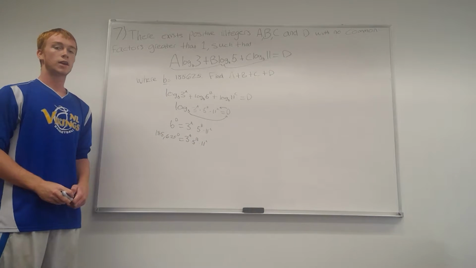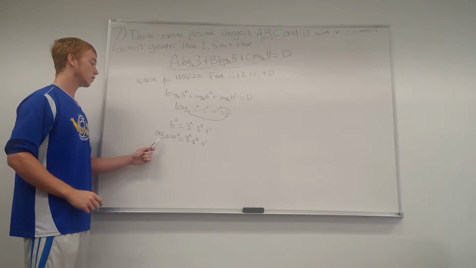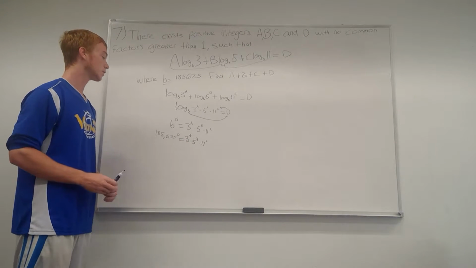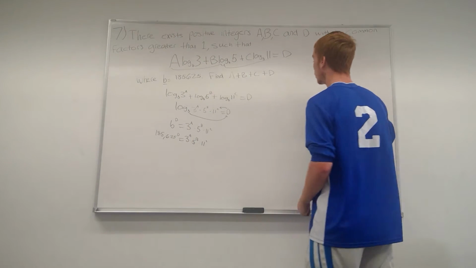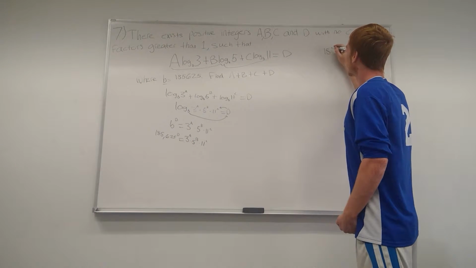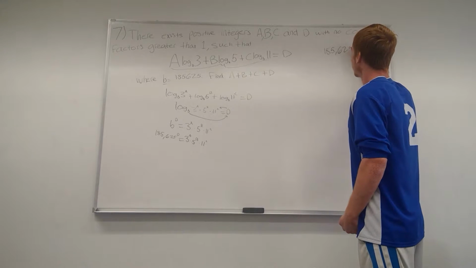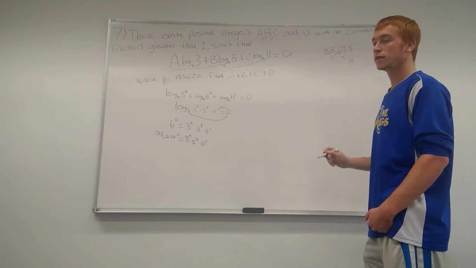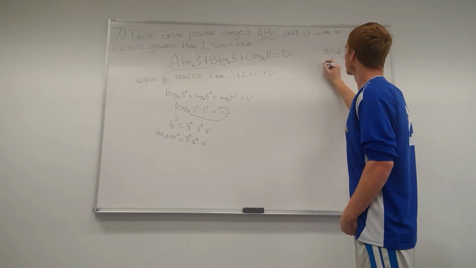Now we're going to use prime factorization to hopefully get this number down into these three prime numbers. So we're going to move over here and write down 185,625 and divide that by 11, and that equals 16,875.